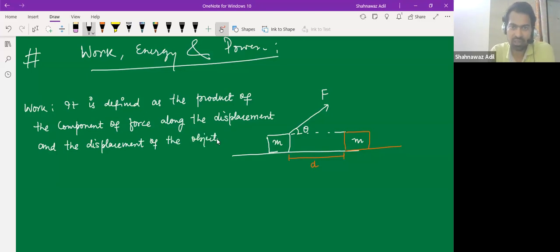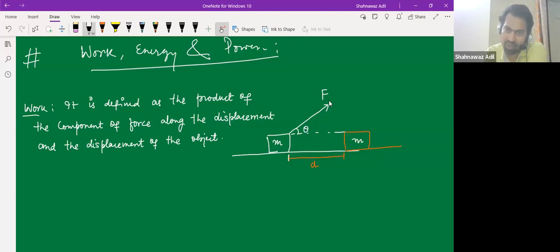Right? So this is the physical definition of work. So you have a force, and it moved this object to this point, so it did some displacement. So the work done is defined as the product of the component of force along the displacement.